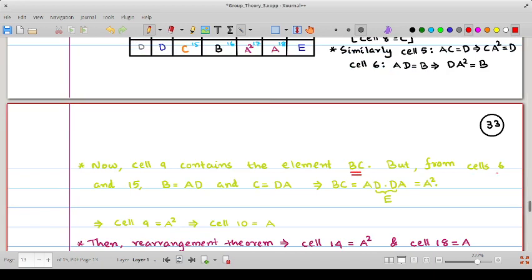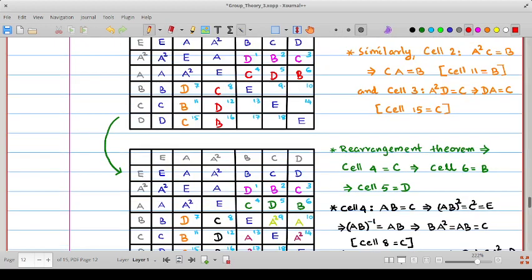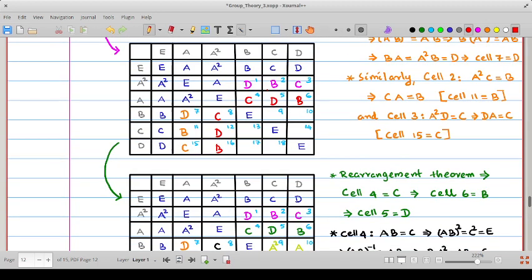But we look at cells 6 and 15. Cell number 9 is equal to B times C. But now we look at cell number 6 and 15. What does cell number 6 say?